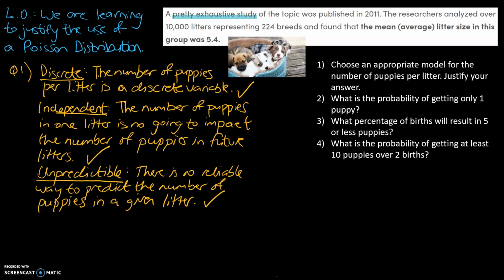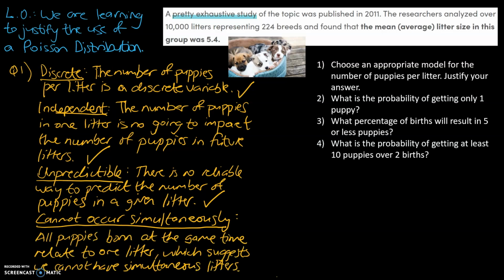The next assumption is that events cannot occur simultaneously. What that means is you can't have 2 litters at the same time.